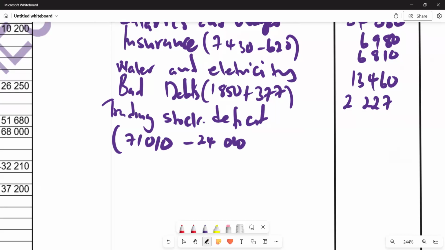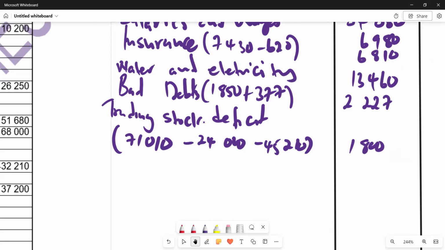And then we subtract the physical stock figure, which is 45,210. And then after calculating, we got 1,800. Sorry, if you calculate it correctly, you're supposed to get 1,800. So this is what we have.